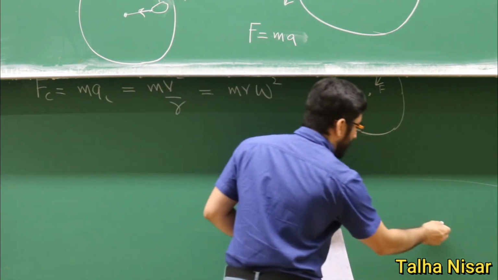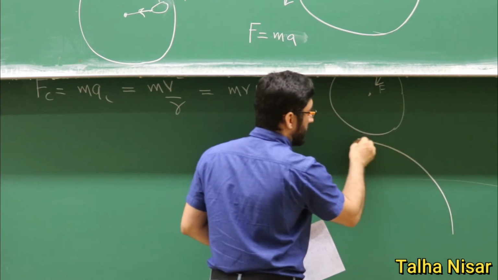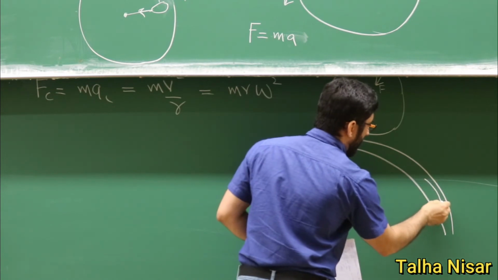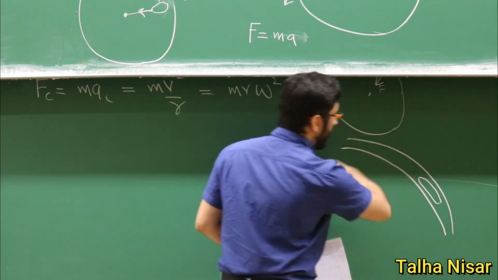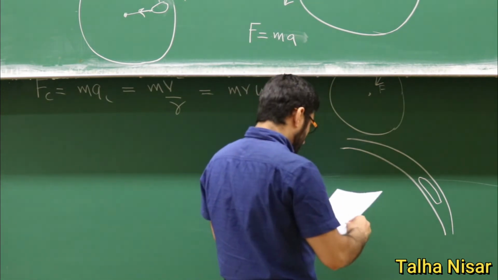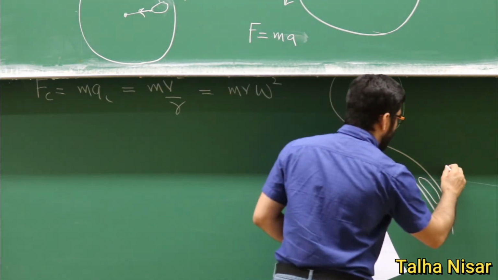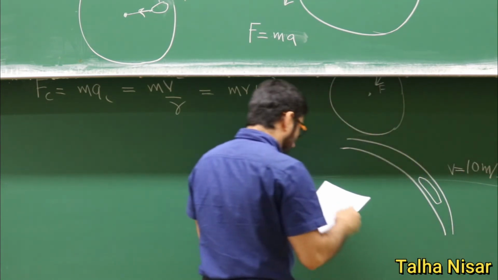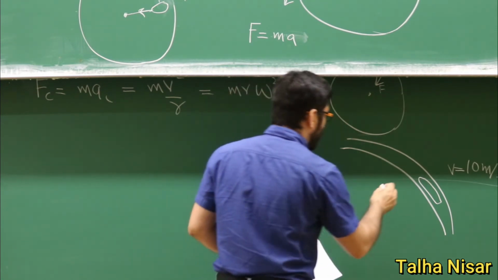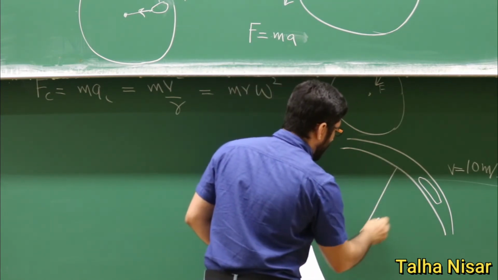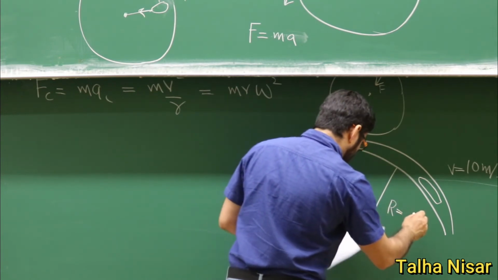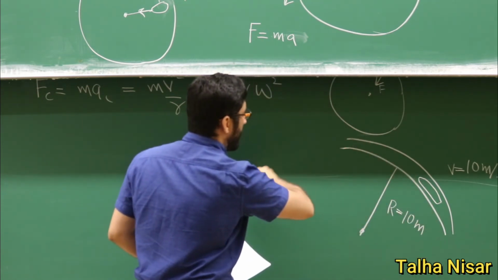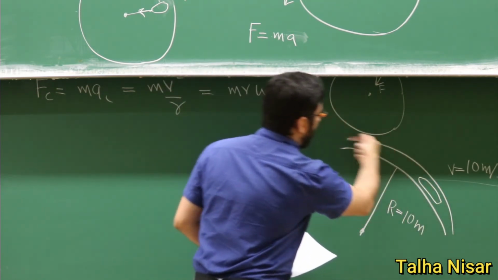That means there is a road that is curved, and a car moving on this curved path with a tangential velocity of 10 meters per second, and the radius of this curve is 10 meters.